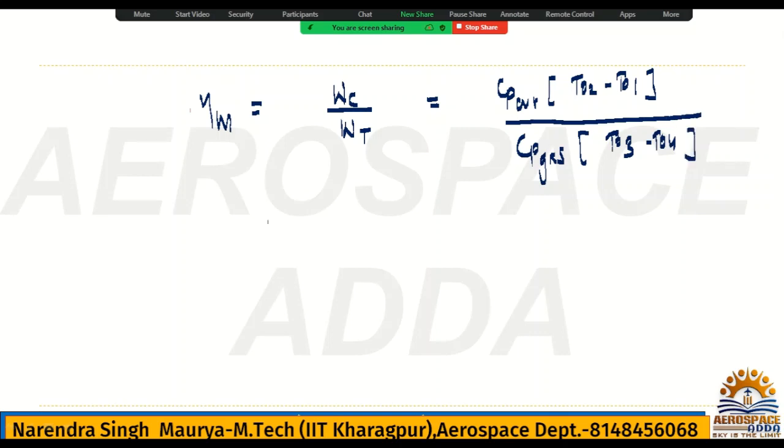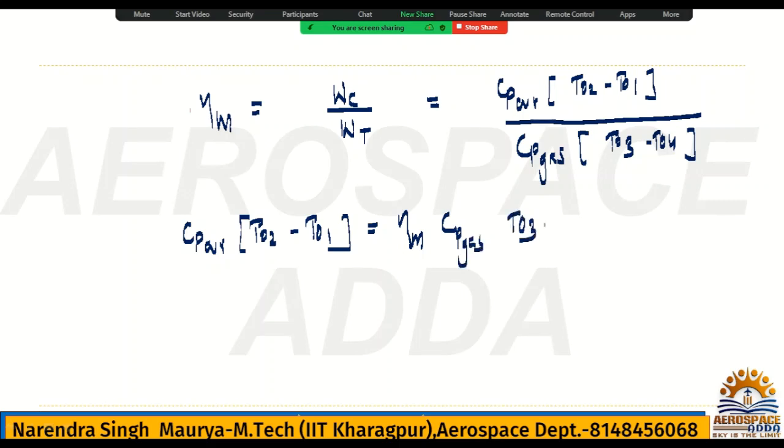On your own you can check: Cp of air into (T02 minus T01) equals the mechanical efficiency times Cp of gas into (T03 minus T04).